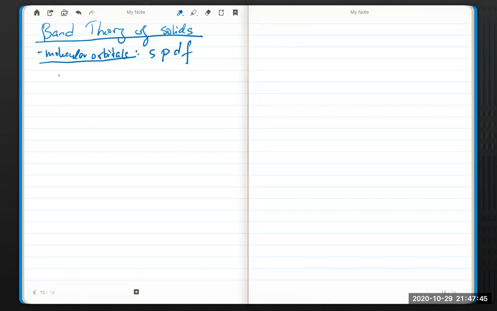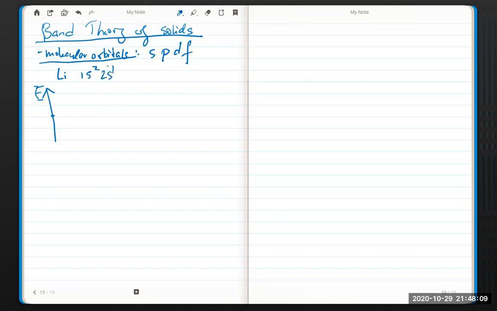But let's look at what happens when you have one lithium. Let's say you have one lithium, and then just plot it against energy here on the y-axis. Lithium is 1s2, 2s1, three electrons, neutral lithium.